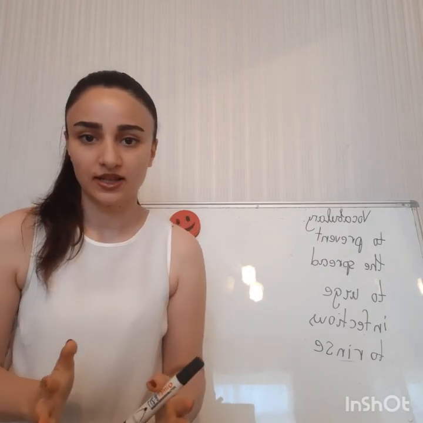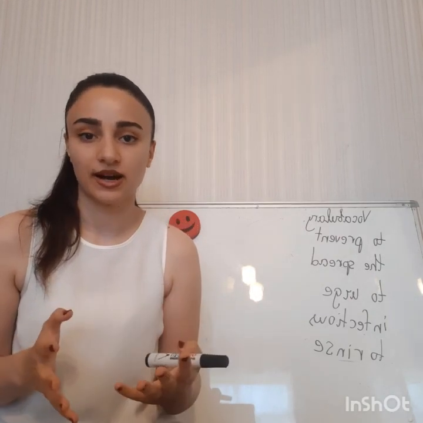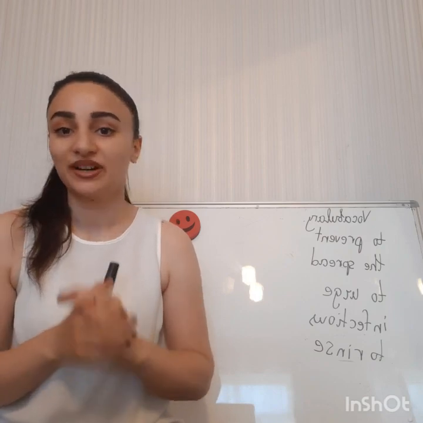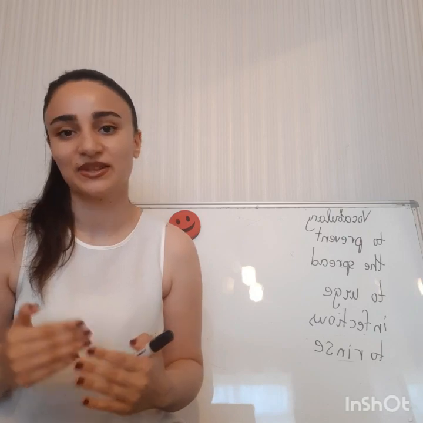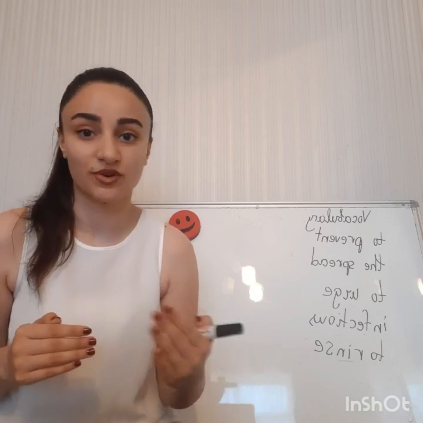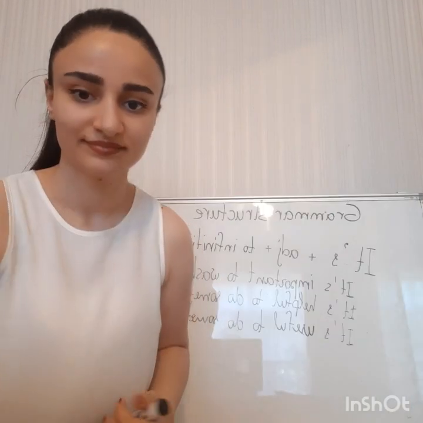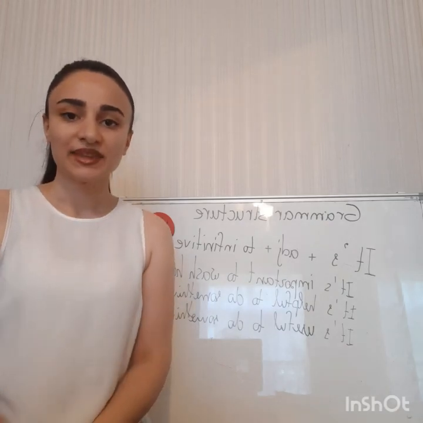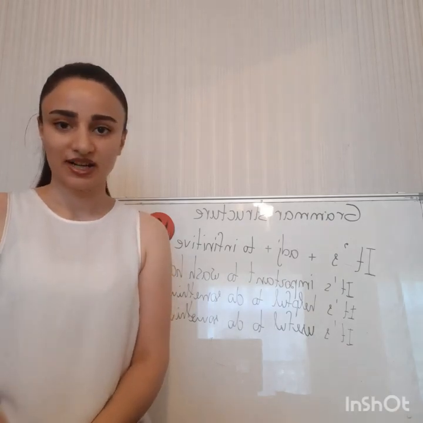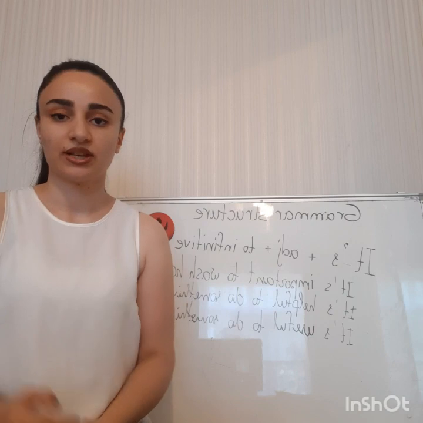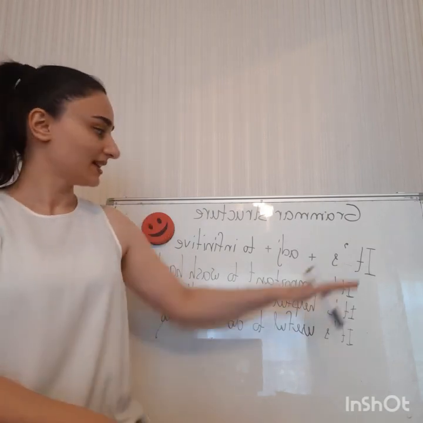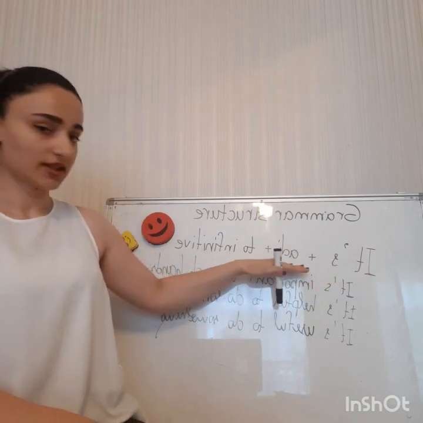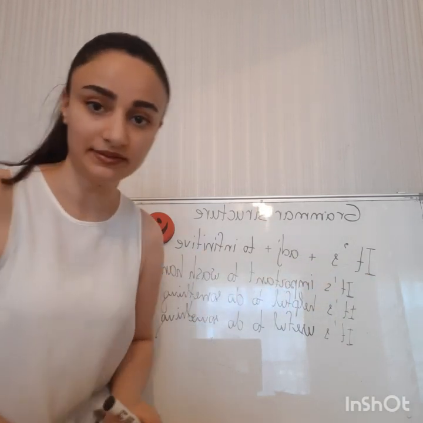And while reading, you came across some kind of grammar structure, and we are going to explain these grammar structures in detail so that you can use them in your speech more frequently. This kind of grammar structure is used mainly to give our opinions or advice, and it's: it's plus adjective plus to infinitive.